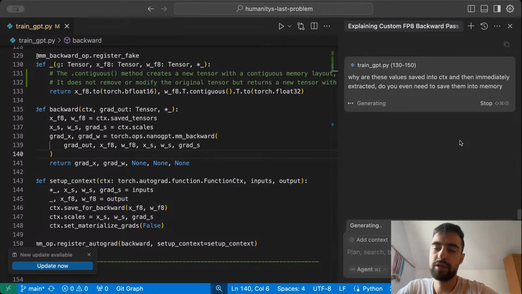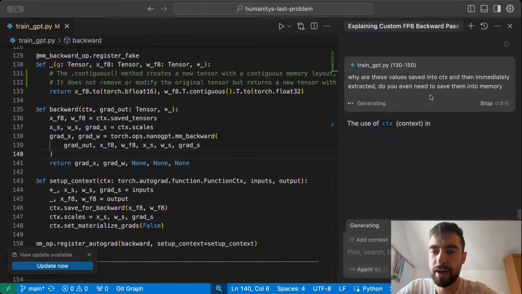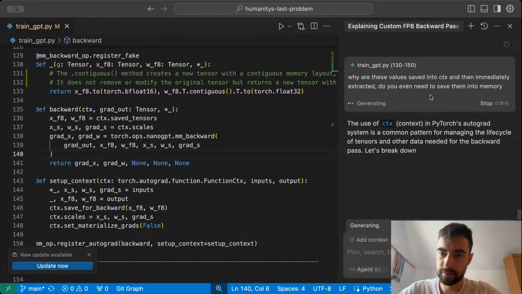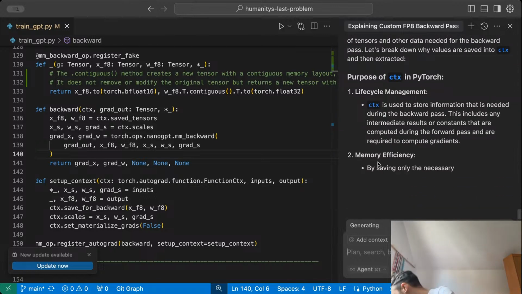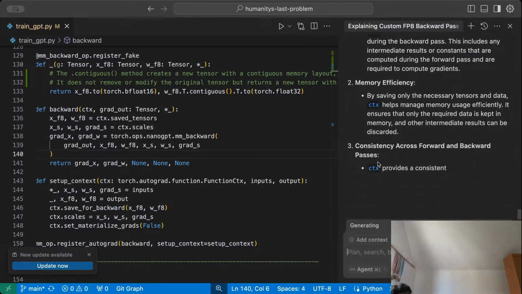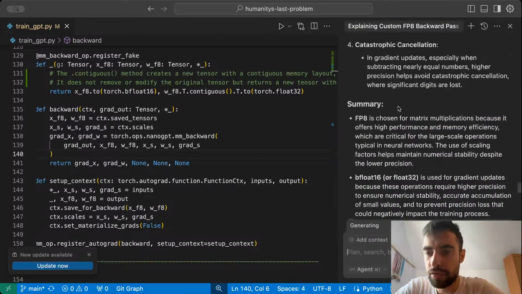Okay, let's go. GPT-4o, don't disappoint me. Let me just check. Why is it so slow?